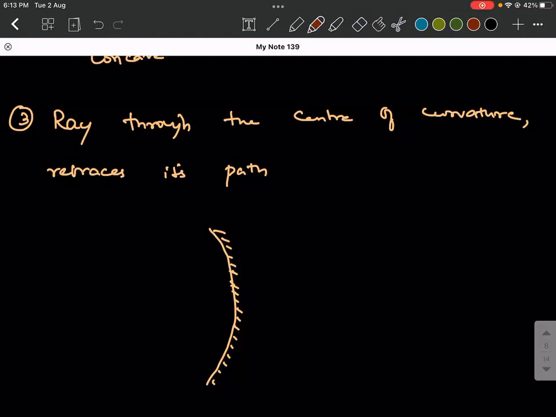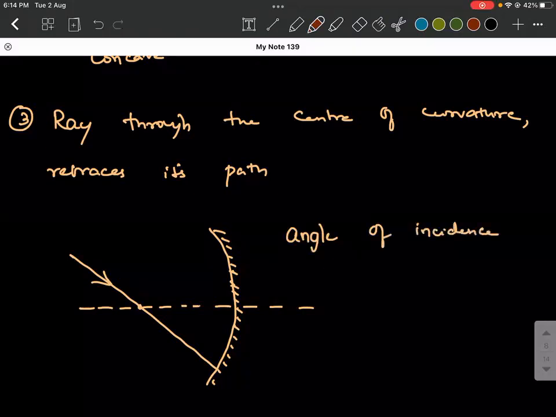So why is this even happening? Let's see. If I take a ray through the center of curvature, right, then the angle of incidence is 0 degrees.